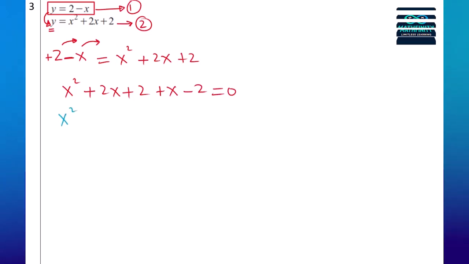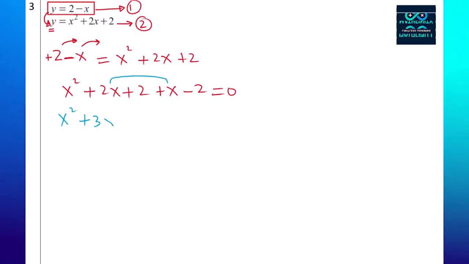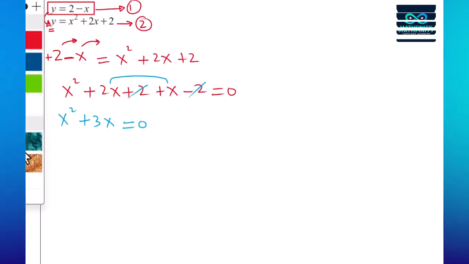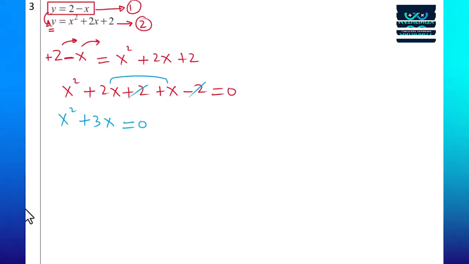x squared plus 2x plus x, 2x plus x is 3x. Positive 2 and negative 2 will be cancelled because one is positive, one is negative, equal to 0. So now these are the two terms, and what is common? x is common.